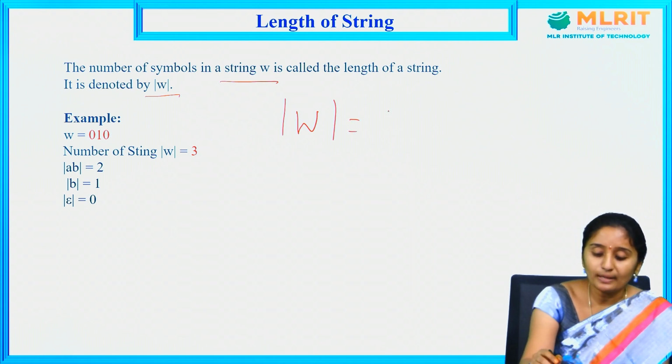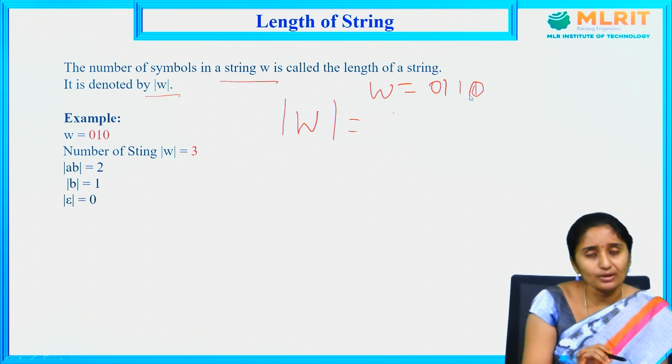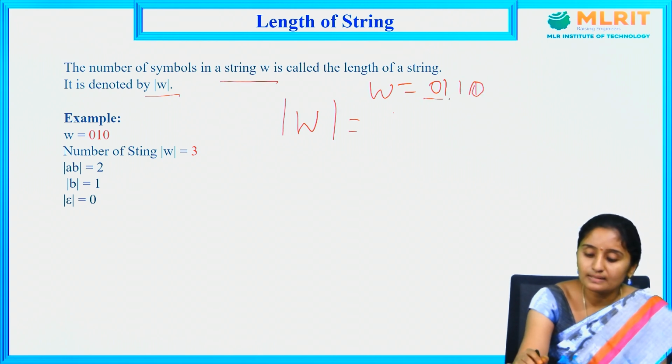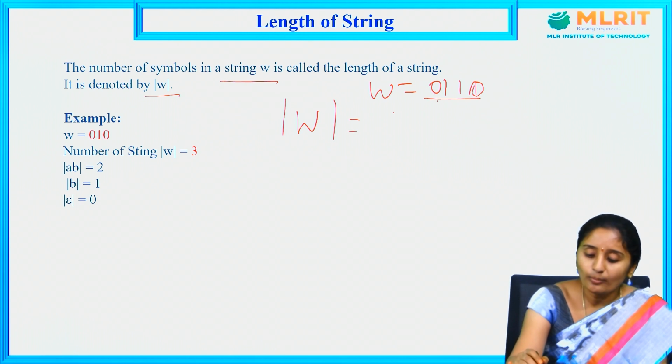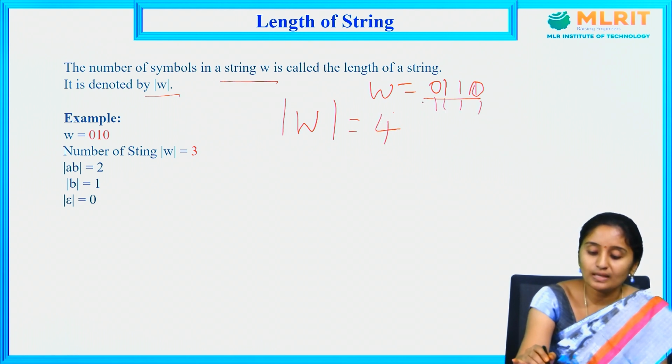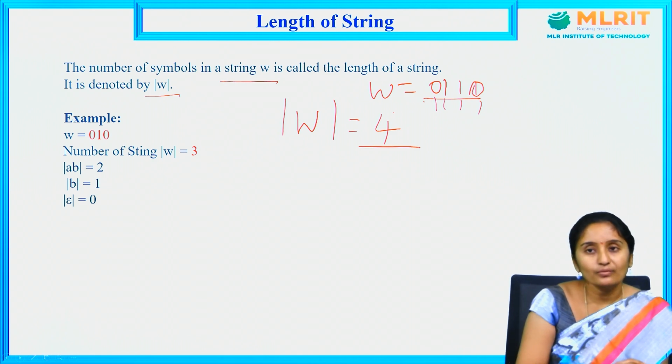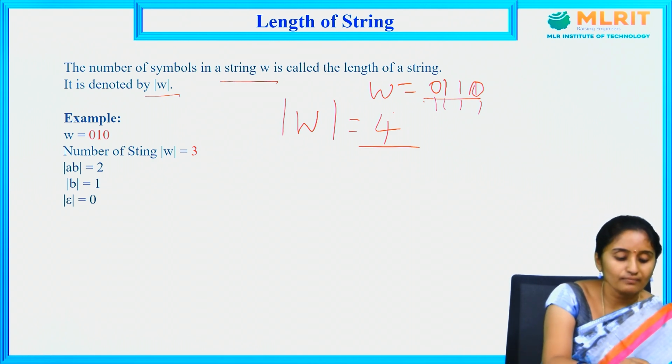For example, if I take W equal to 0110, the number of symbols present is the length of the string. See here, 1, 2, 3, 4. So the length of this string is 4. Same here, which we have written, W equal to 010.